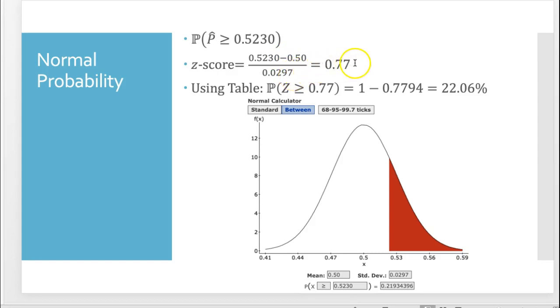That gives me a z-score of 0.77. If I use my table, I just have to keep track that it's a greater than or equal to probability. So whatever I find in my table, which is 0.7794, I have to subtract from 1. And what I get here is roughly a 22.06% chance.